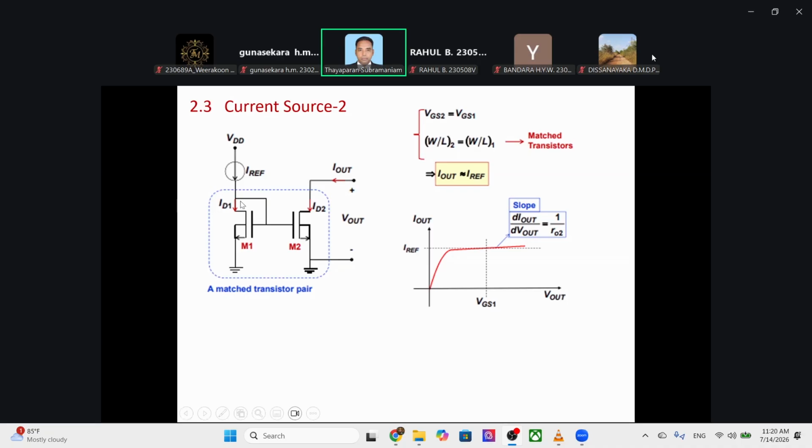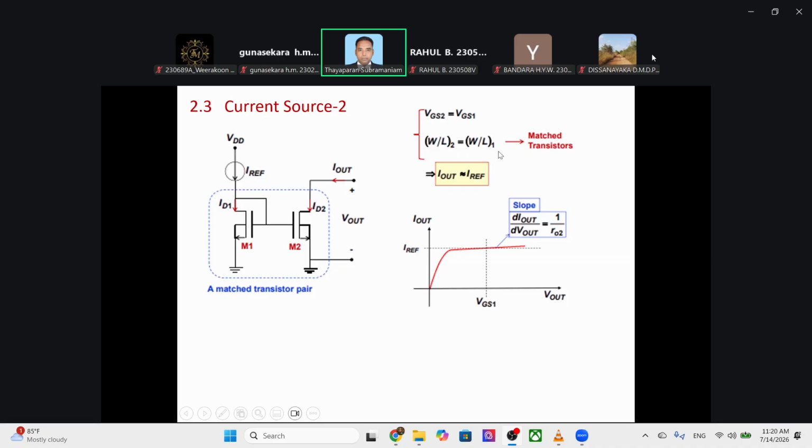But by having the right current here, even though this transistor will have PVT variations, and this transistor will have PVT variations, the point is, if we choose matching transistors, M1 and M2, that means W over L2 is equal to W over L1.